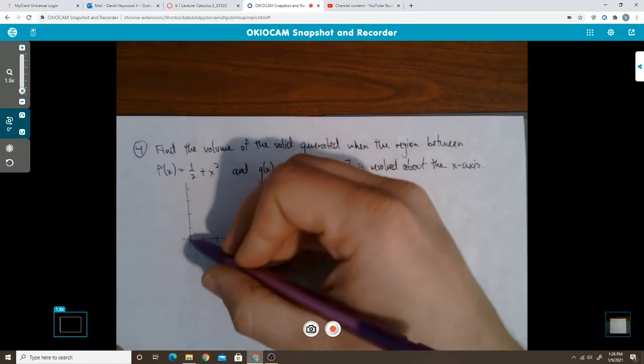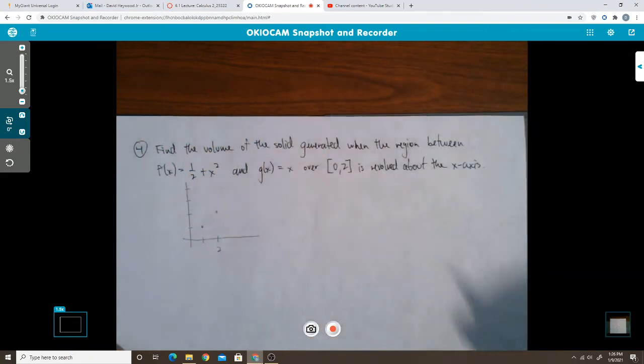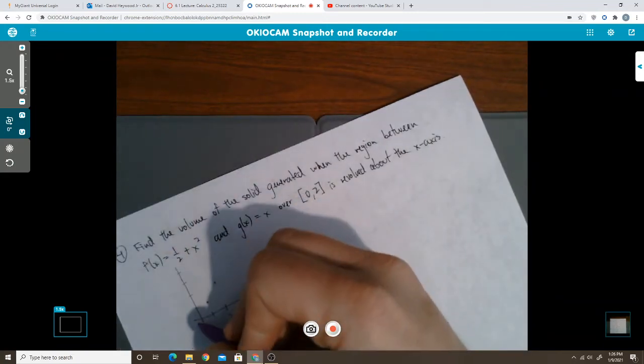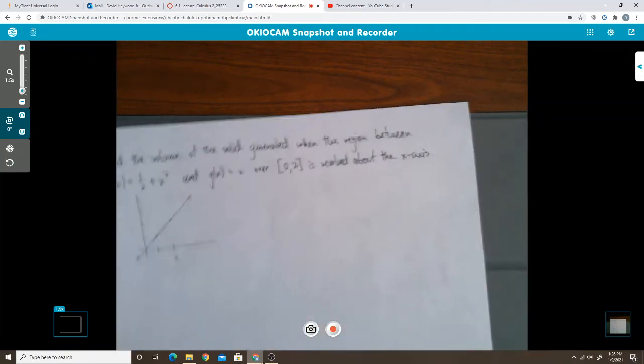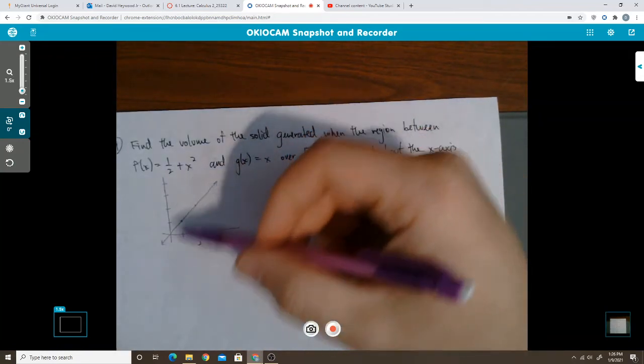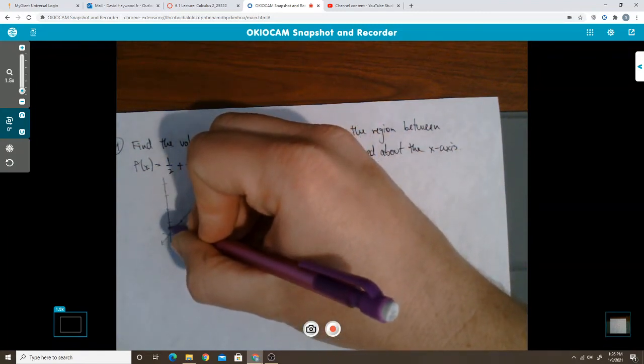Okay, so for the x squared. But anyway, g of x equals x. It's going to look something like that. That one's easy. f of x equals 1/2 plus x squared. So this is just a parabola, but it's been shifted up half a unit. So it kind of starts there.